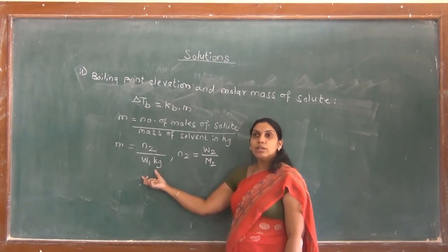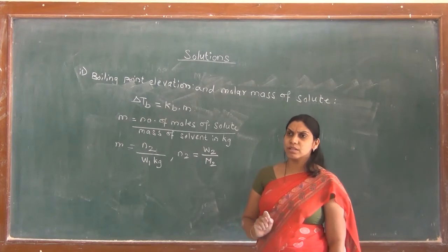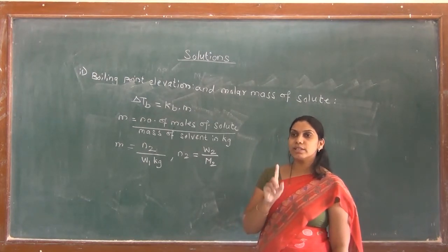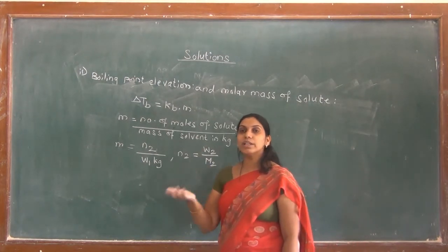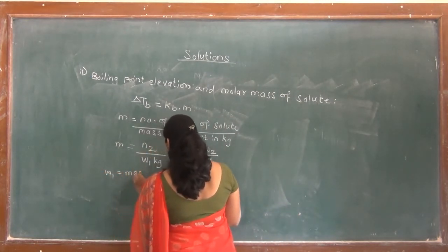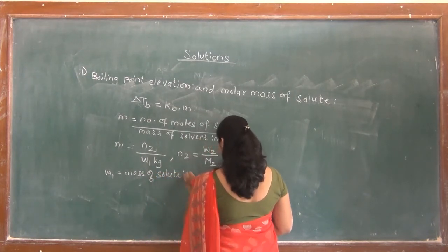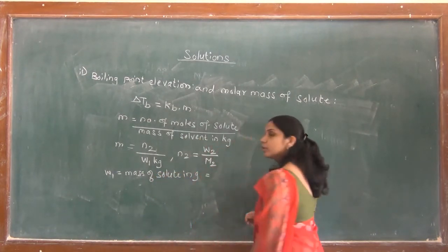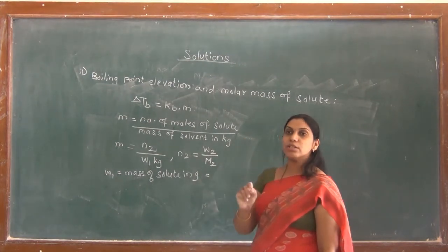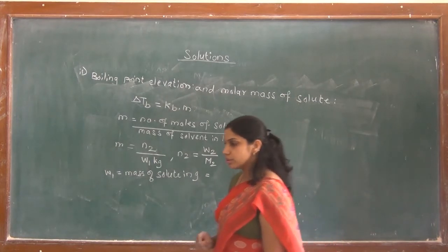Now, the mass of solvent is generally given in grams. So, mass of solvent W1 is in grams. We will convert it into kilogram. To convert it into kilogram, we must divide the value of mass of solvent by 1000.